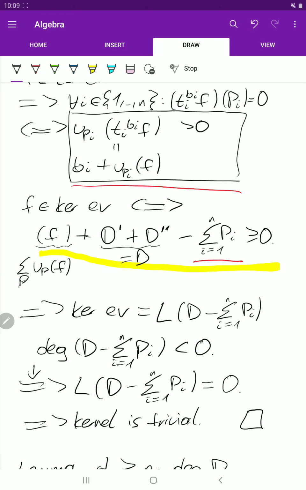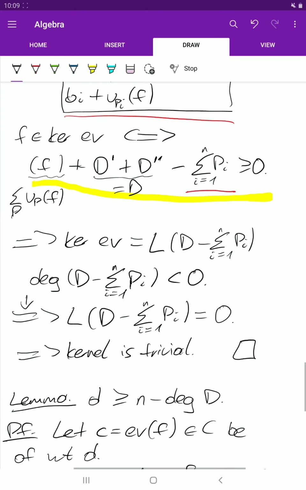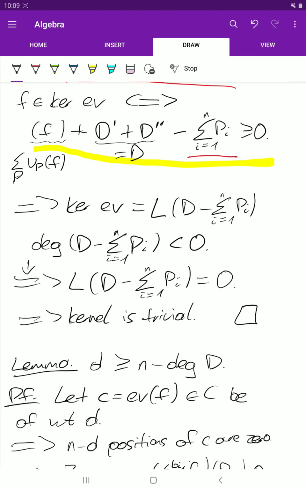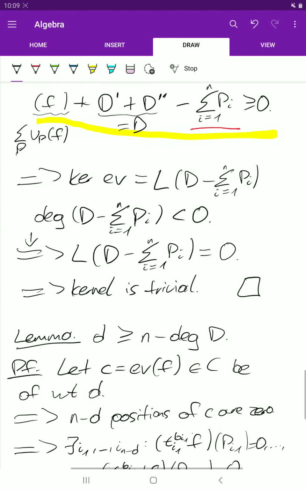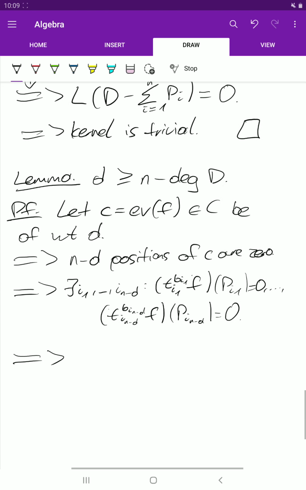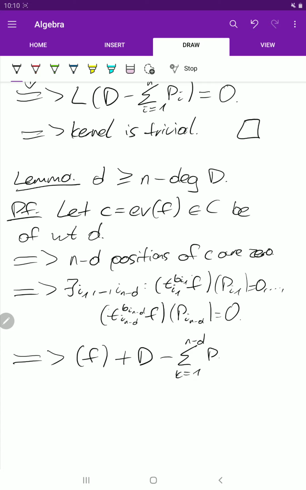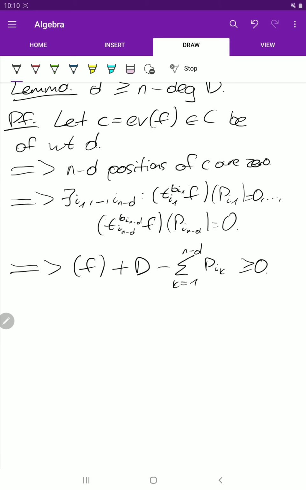Now we have the same true, so now we get the same inequality, but not all P_i's, just the ones at which it is 0. So we get that (f) plus D minus the sum over k equals 1 to n minus d of P_{i_k} is non-negative, so it's at least 0.